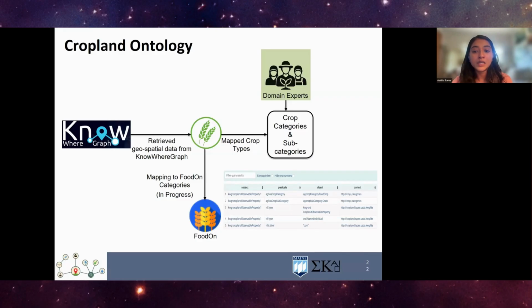So now we would see information about different crop growing lands and their geospatial location already listed in SAWGraph, which has distinctions about the cells and county level and state level information attached to it.